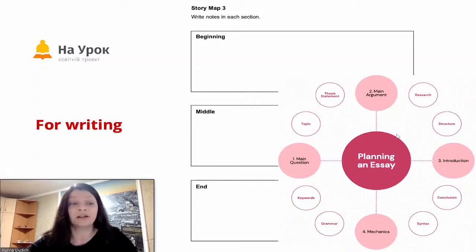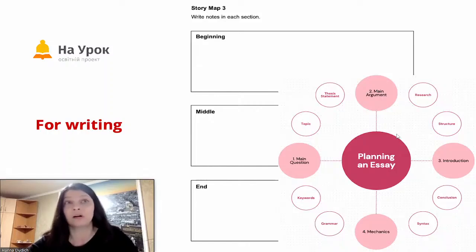If they are writing an essay with their personal opinion, it needs to be supported by something. They can write about research, like why do I have such an idea? Where did I take these data from?